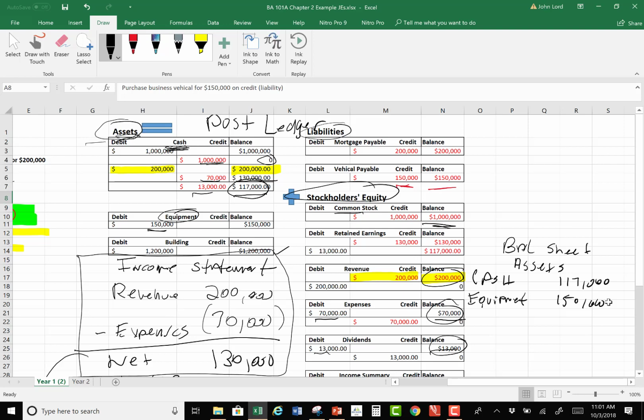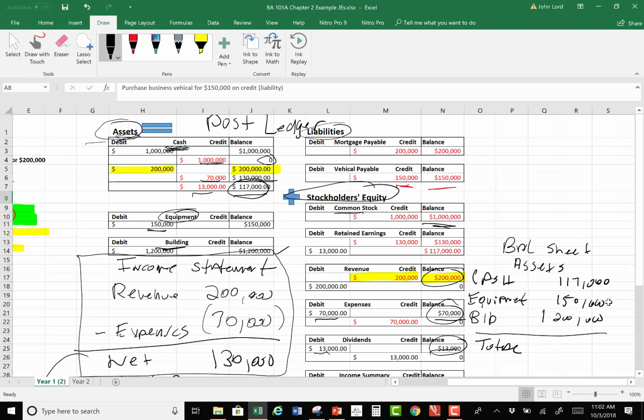Any other assets? Good. We've got the building. Building is 1,200,000. Right there. Any other assets? I don't see any others, so we're just going to go ahead and do what? Total this. What's the total?